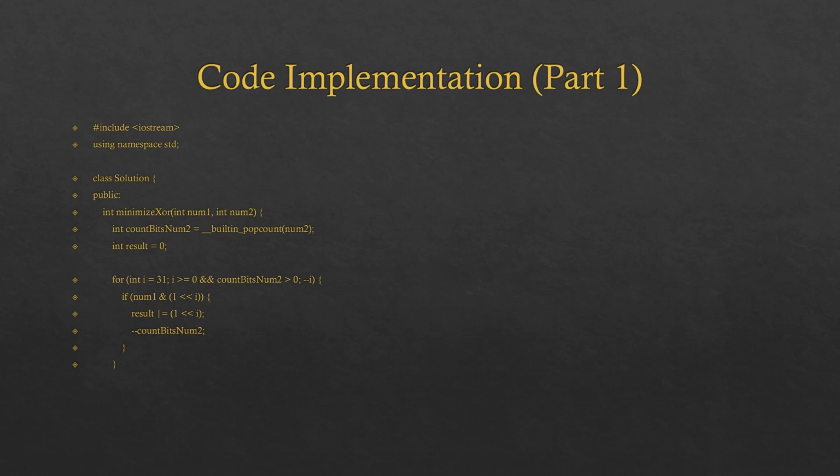Here is the first part of the C++ code. We begin by defining a function minimizeXor. First, we calculate the number of 1 bits in num2. Next, we initialize a variable result to store our final result. Then we iterate through the bits of num1 from the most significant to the least significant, setting bits in the result until the target bit count is met.